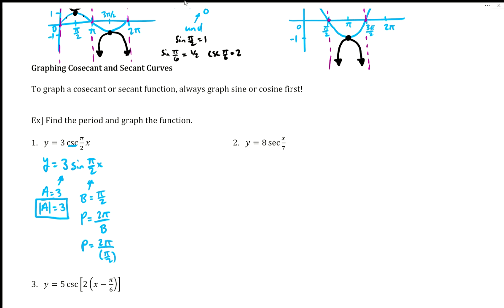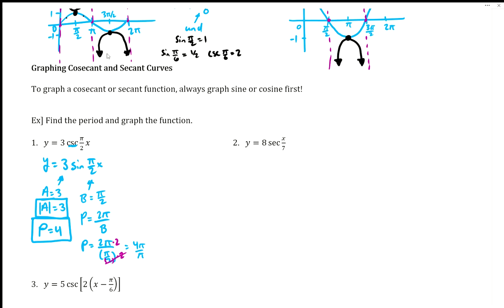Then I multiply both top and bottom by 2, or whatever the denominator is, to clean up that small denominator. The twos cancel, up top we have 4 pi, down below we have pi, and the pi's cancel. So our period is 4 in this problem.